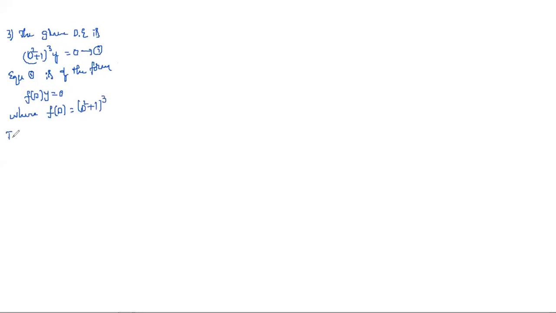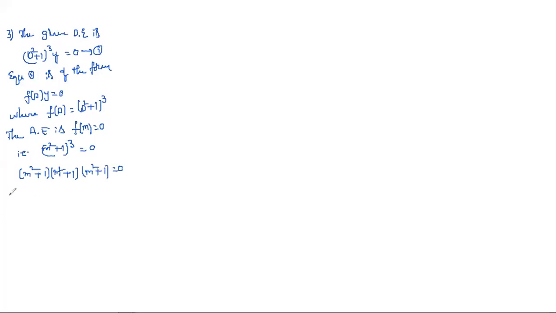Now the auxiliary equation is f of m is equal to 0, that is (m square plus 1) whole cube is equal to 0. That is nothing but (m square plus 1) into (m square plus 1) into (m square plus 1) is equal to 0.